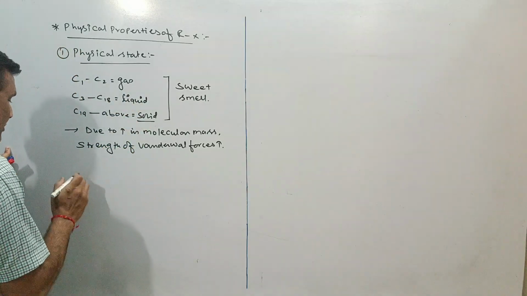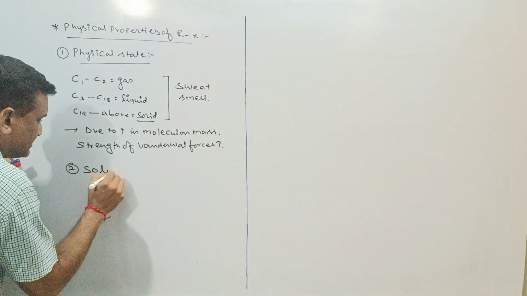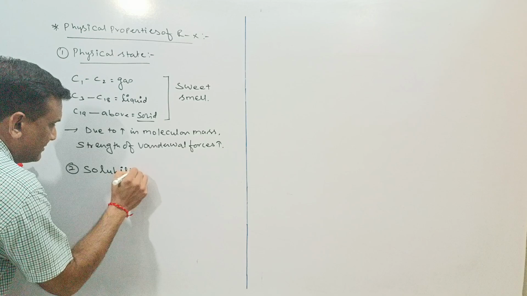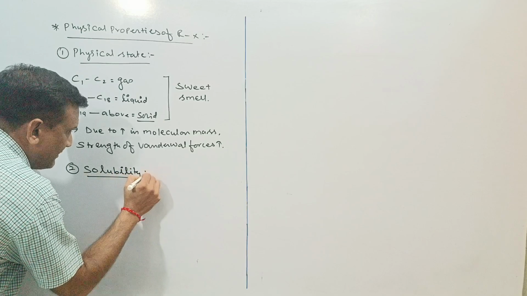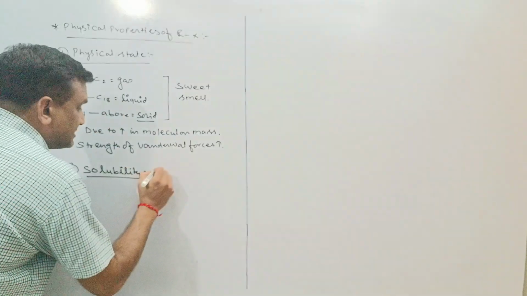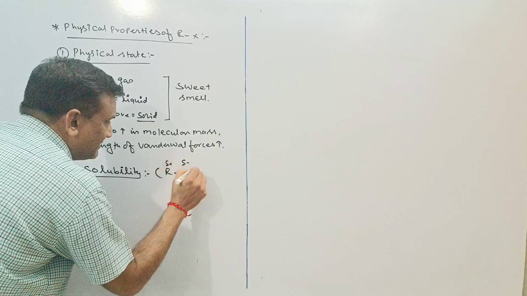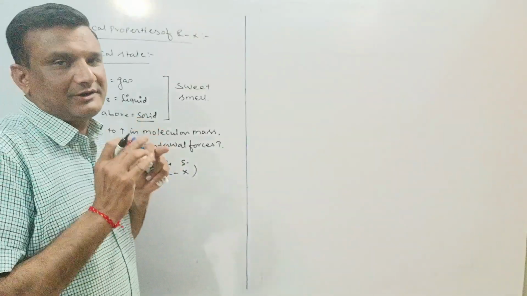Now I would like to go with solubility. This is a very important question. If you go with the solubility of haloalkane, they are polar in nature, as we have discussed, but they are immiscible in water. Why?